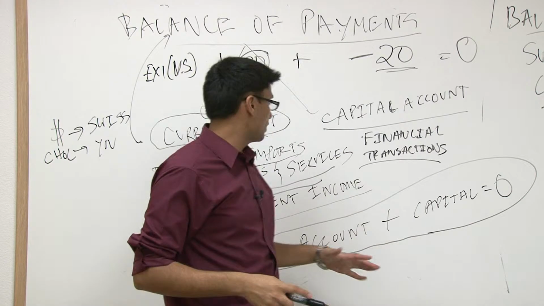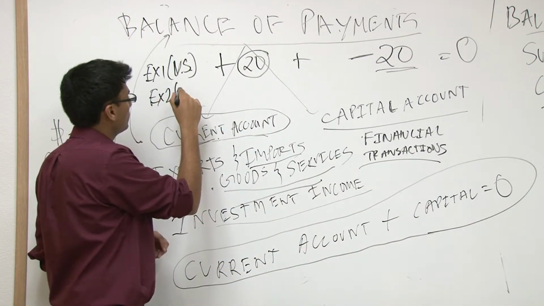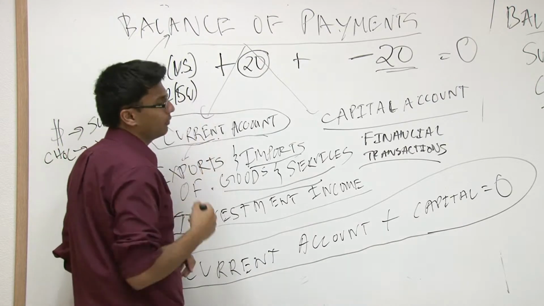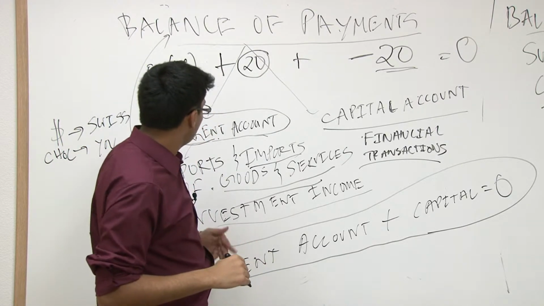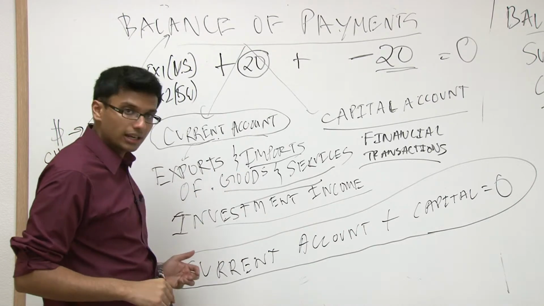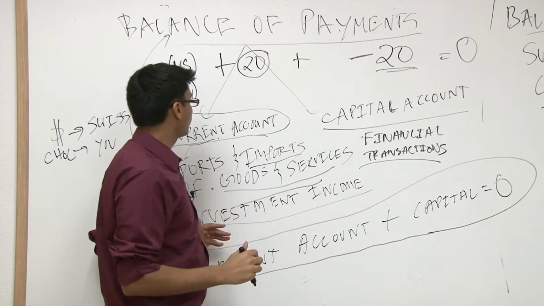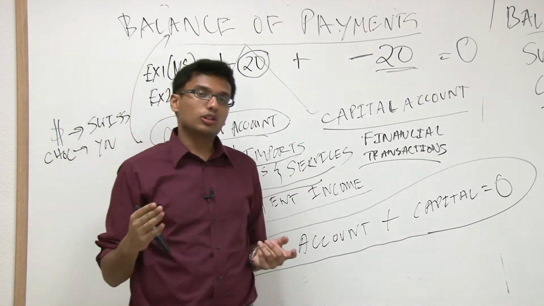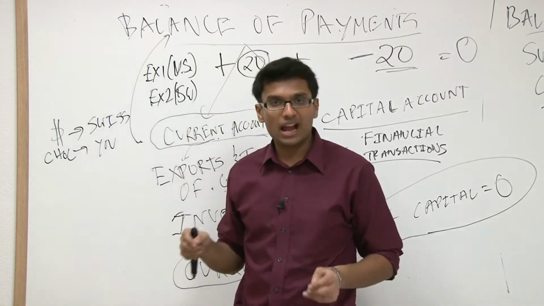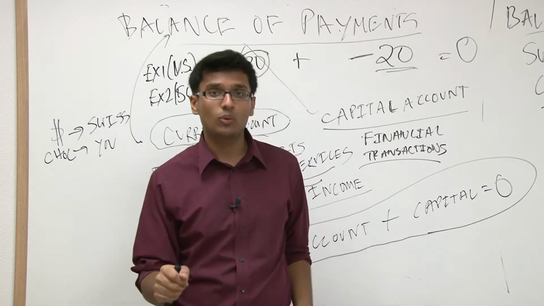Now let's look at it from example number 2. Let's look at it from the Swiss perspective, right? Example 2 looks at it from the Swiss perspective, and I'll just write SW for Swiss perspective. If you look at the current account, it says exports and imports of goods and services are accounted for in the current account, part of the balance of payments. Switzerland has lost a product because some guy in Switzerland has received money, that's fantastic, but he has to give the product to the guy in the US.